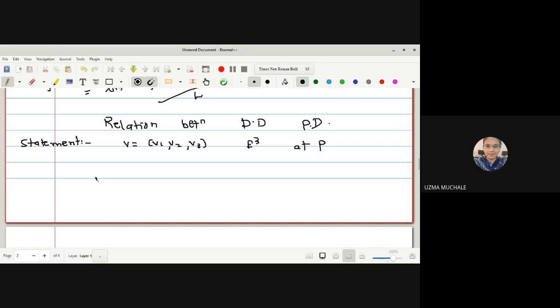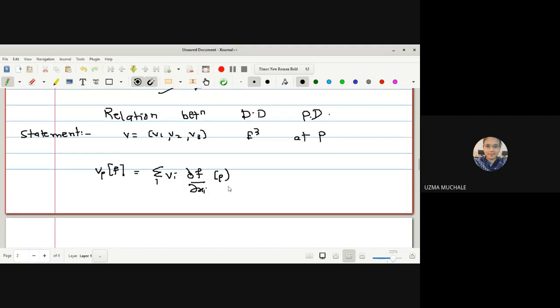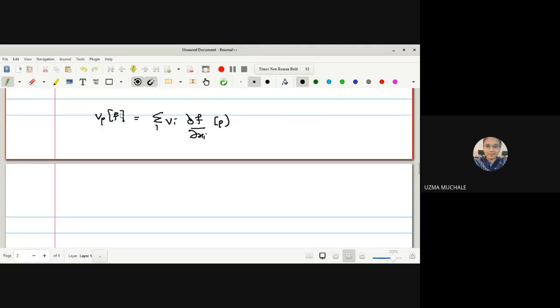What is our aim to prove? V_P[f] is equal to summation over i of vi dou f by dou xi at the point P. Correct? This is what V_P[f] is equal to: summation over i of vi dou f by dou xi.